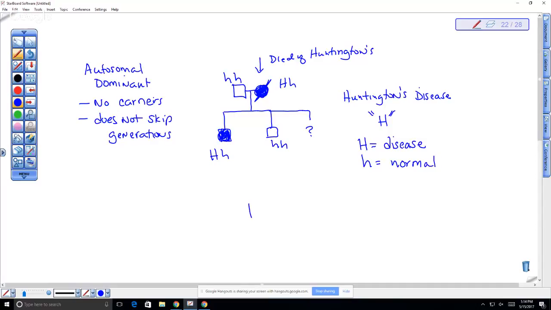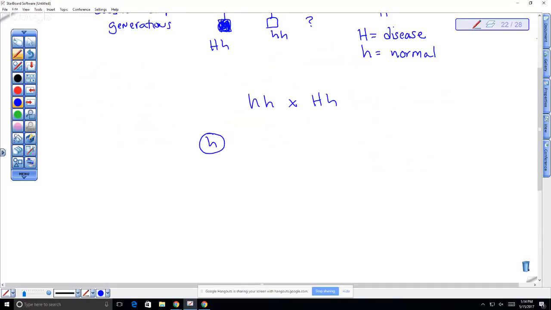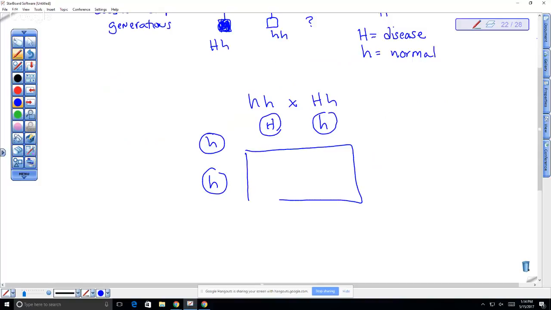So we could do our Punnett square. And if you're not used to it, you might want to do it a couple of times. Setting it up real simple, real basic. Those are the gametes. They come together. And remember, I always put the big H first.